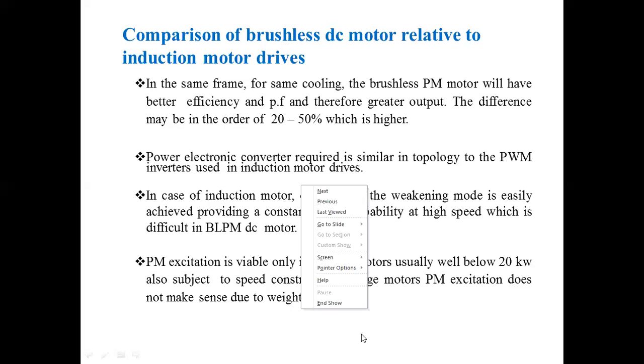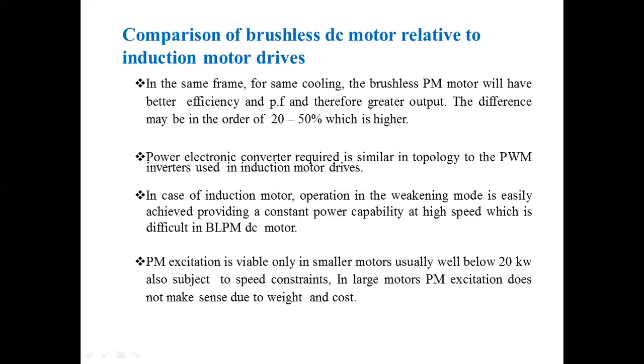If you choose up to 20 kilowatts, the motor can be built using permanent magnets, and it is also subject to speed constraints. These are some of the comparison points between the brushless DC motor and induction motors.